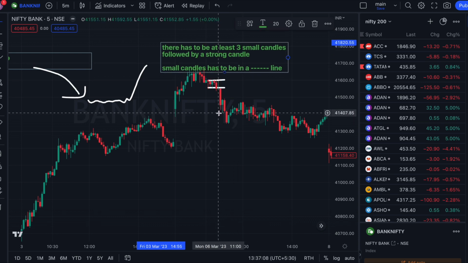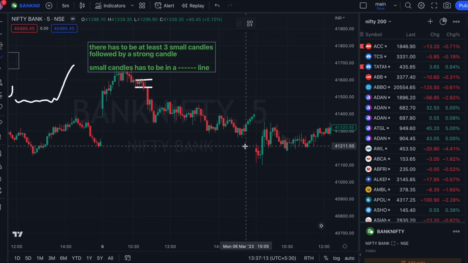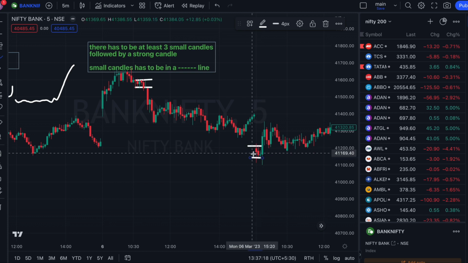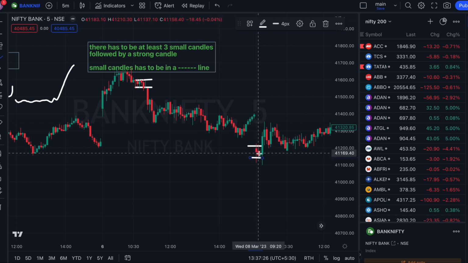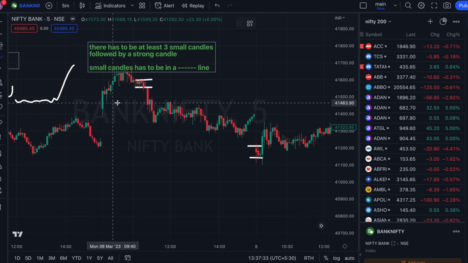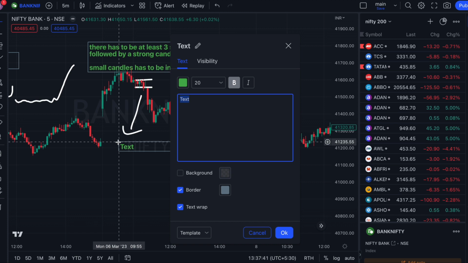And what is a long build-up? Long build-ups are structures like this. At least 3 small candles followed by a large candle. Comparatively, it has to be at least thrice the size of the small candles. So this is a short build-up, and it indicates that the price might move down.